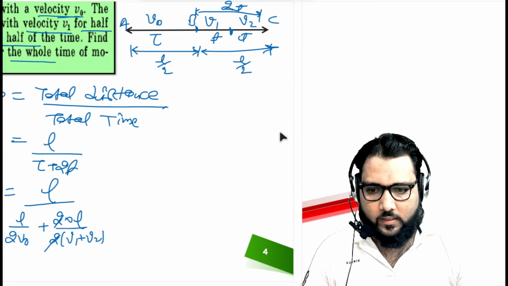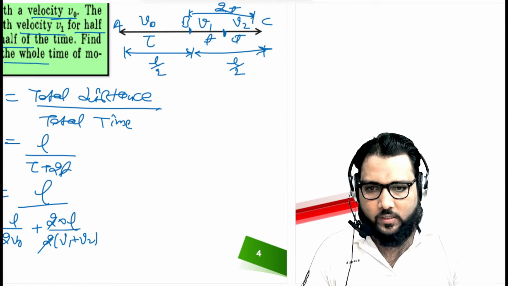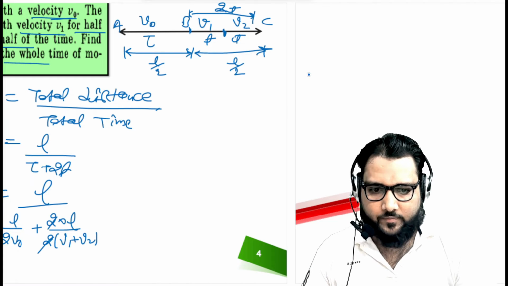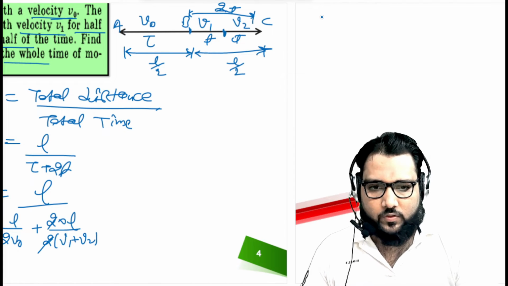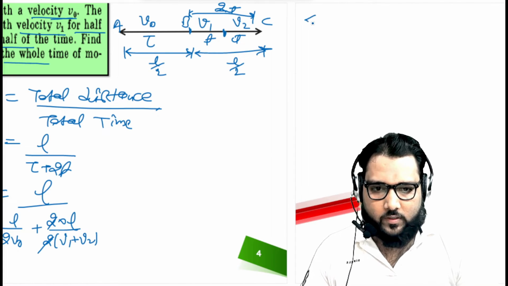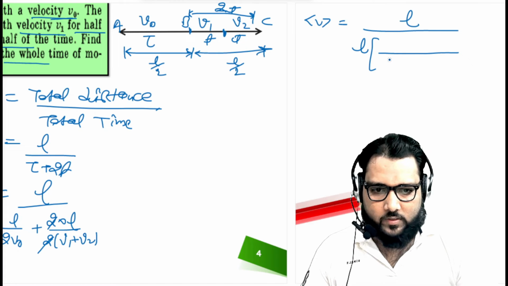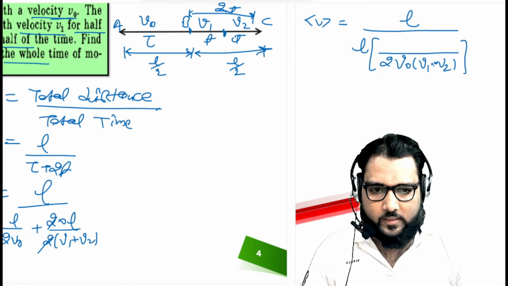So now guys, next we solve this expression. Okay, guys, look at this. The average velocity is equal to L, which is already here, and we take L common here. In the denominator, we take the LCM. That comes out to be 2 V naught, V1 plus V2.